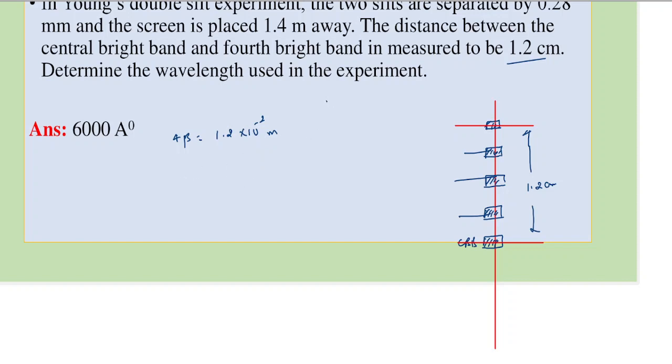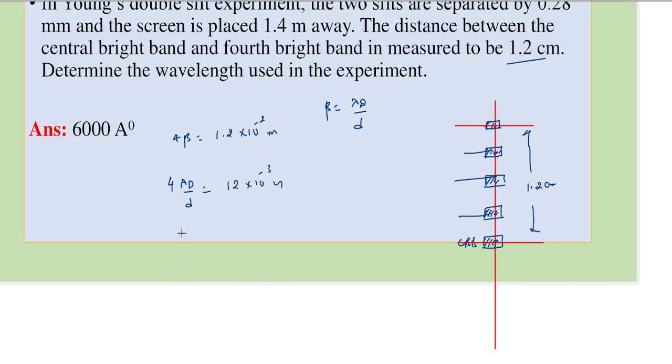Now beta was given as lambda capital D by small d. So putting it back here, we get 4 lambda capital D by small d would be, you can write this as 12 into 10 power minus 3 meter.